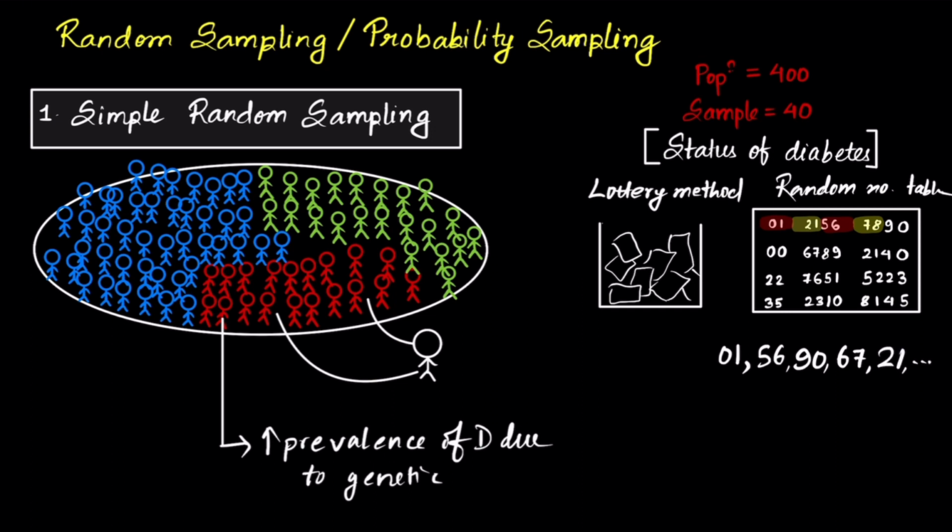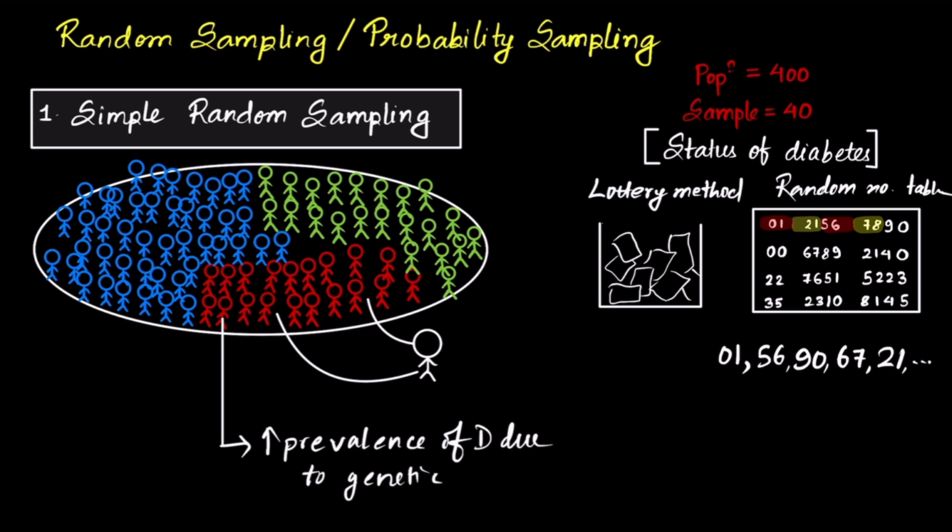There is still a possibility that the majority of these household numbers fall under the red locality. And if the majority of household numbers fall under the red locality, then after the survey the status of diabetes is going to come out higher in the community than it actually is.